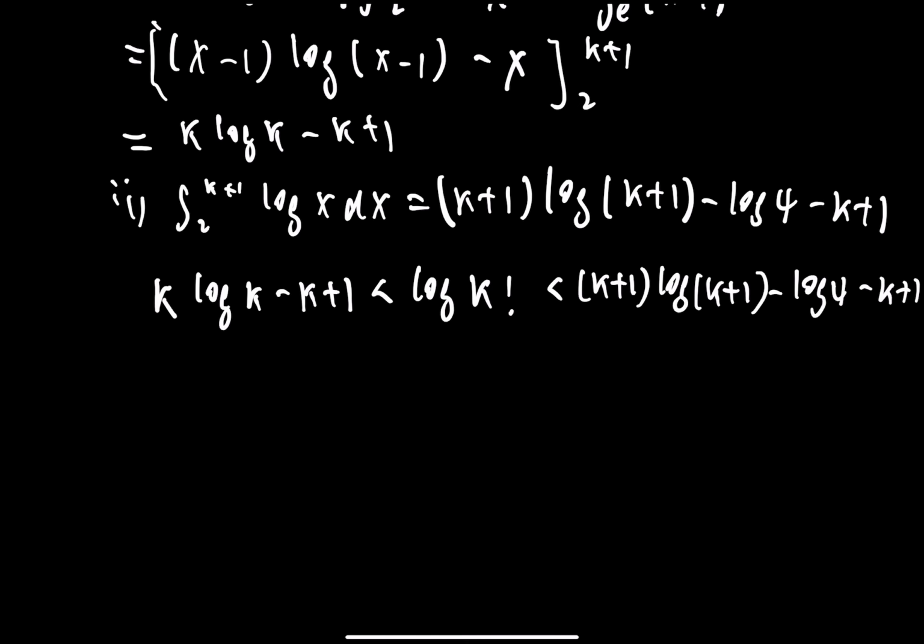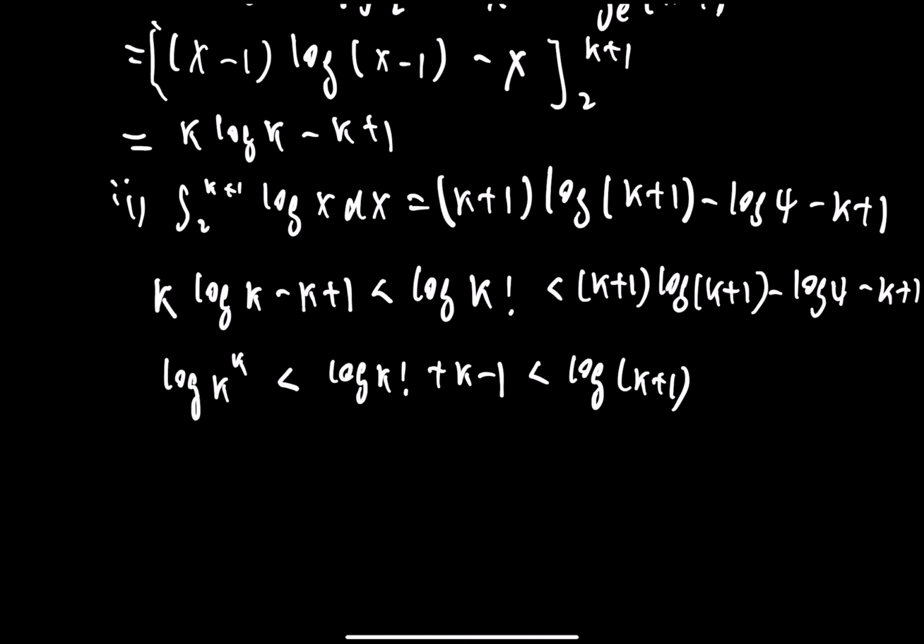The k log k is the same as log of k to the power of k. And for the minus k plus 1, I'm going to add k minus 1 on every side of the inequality. So it becomes log k factorial plus k minus 1. And for the right side, I put k plus 1 to the power of k plus 1 using log laws, and also minus log 4, and also plus k minus 1.